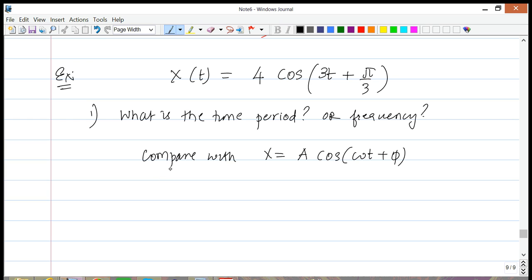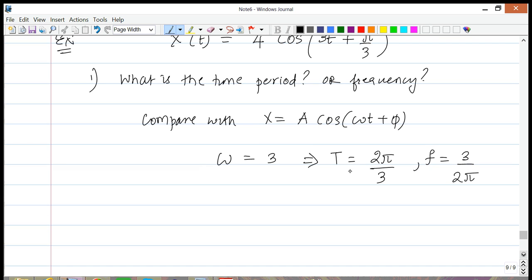If I compare it with this, you see that omega is equal to 3. Once I know omega, my time period I know is 2 pi divided by omega, so it is 2 pi divided by 3. My frequency is simply 1 divided by time period, so it is 3 over 2 pi. So I can write this very easily.